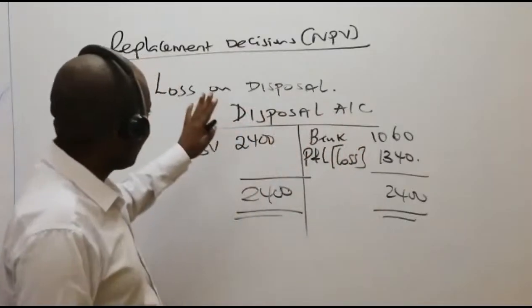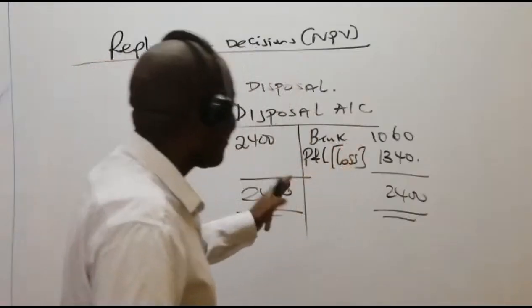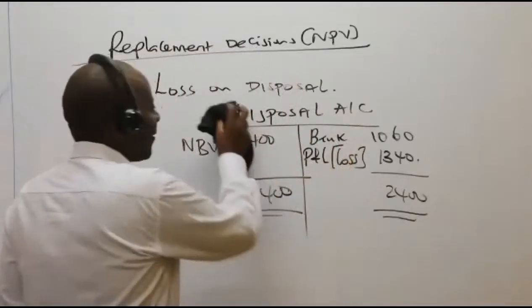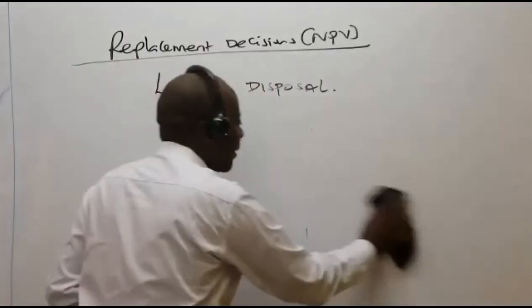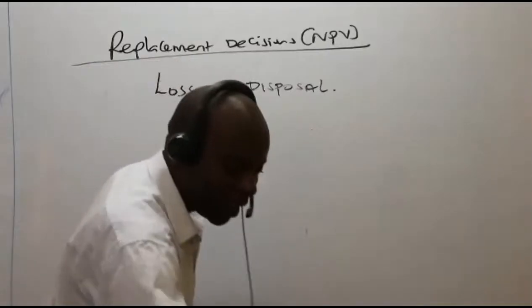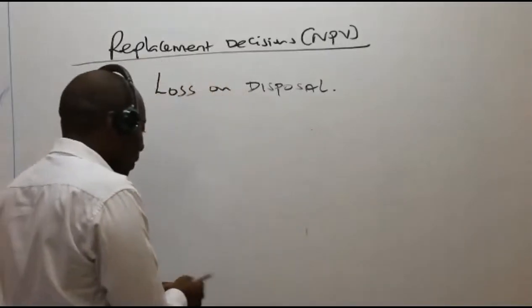Of course, I don't expect you to do this in financial management. In financial management, if you do it this way, I'll not be very happy with you. In financial management, ladies and gentlemen, what we normally do is to compare two things.